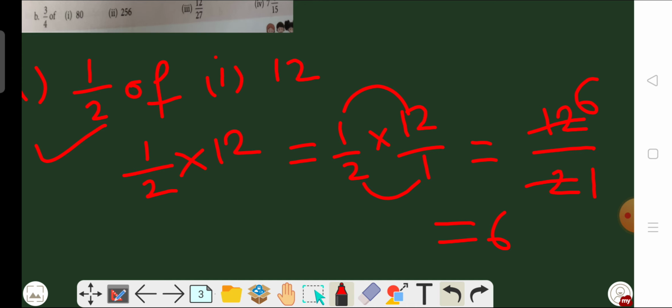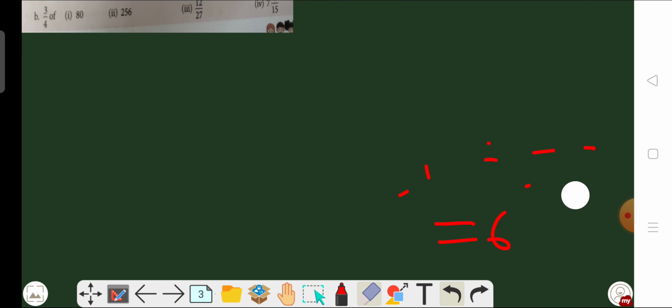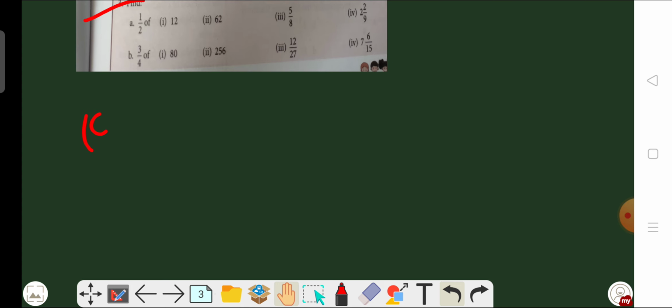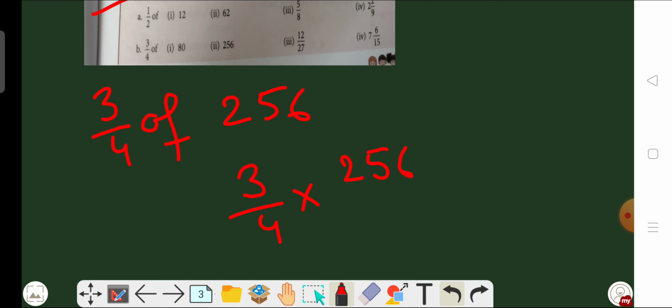Okay beta. Now we will do one more of question number third. B part. Look at the B part. In the B part we have to calculate the 3 by 4 of the given number. 3 by 4 of 256 means we have to calculate 3 by 4 multiplied by 256.